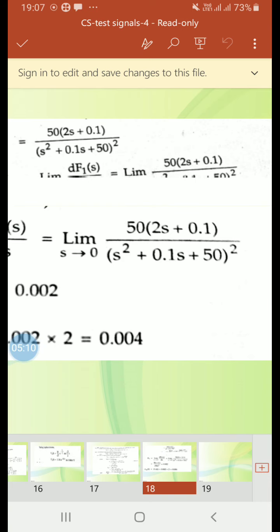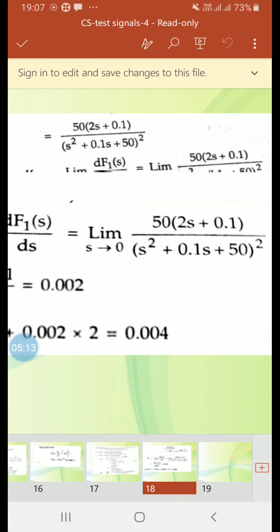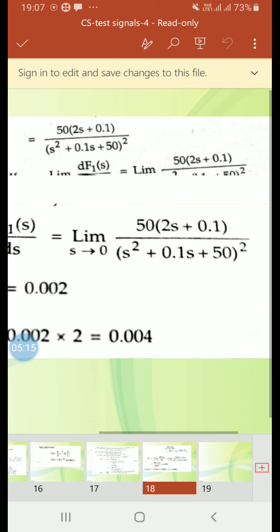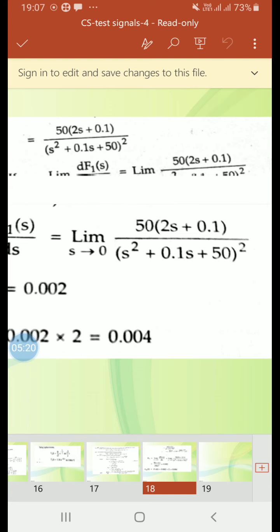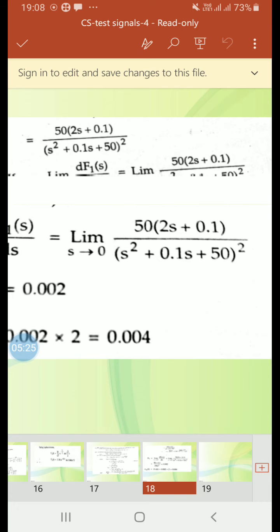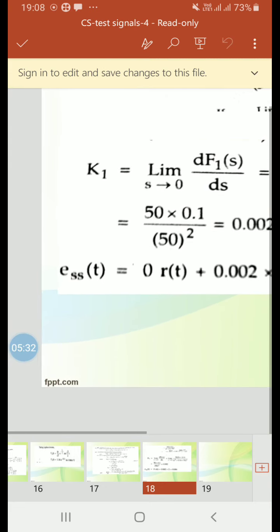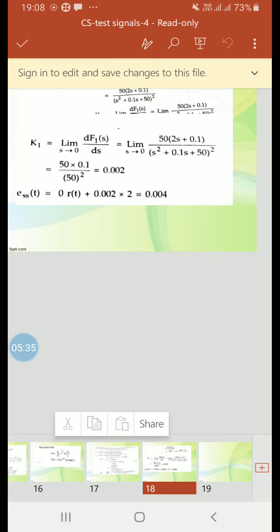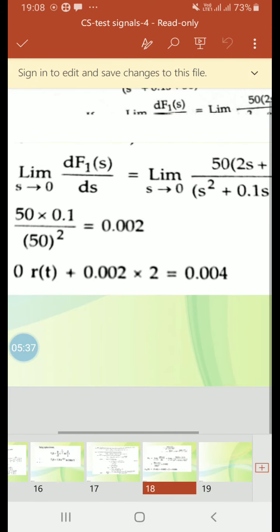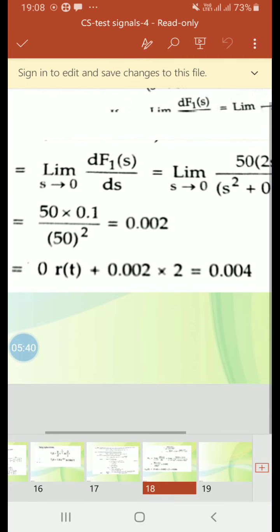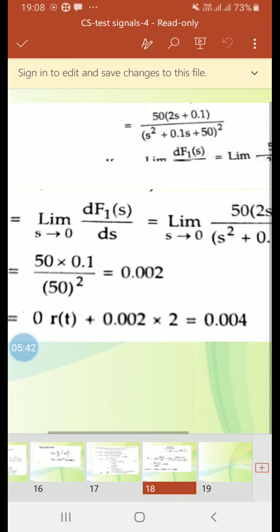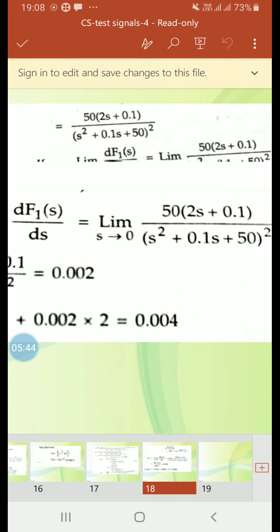Okay, so k1 will be equal to limit s tends to 0 of dF1(s)/ds, which will come equal to limit s tends to 0 of 50(2s + 0.1) / (s² + 0.1s + 50)², which will come equal to 50 × 0.1 / 50 whole square, which is 0.002. So e_ss(t) is equal to 0 × r(t) + 0.002 × 2, which is 0.004.